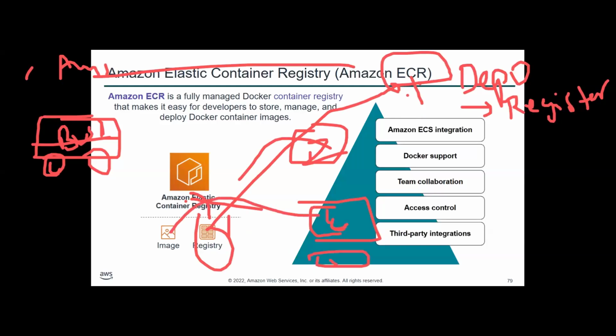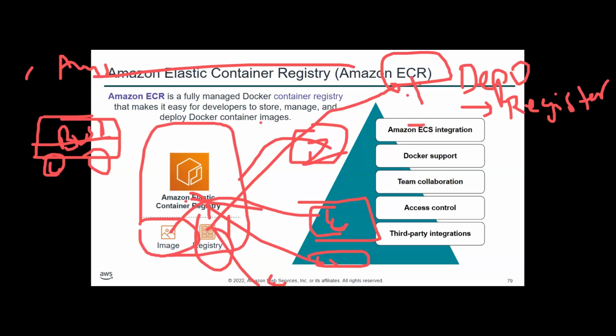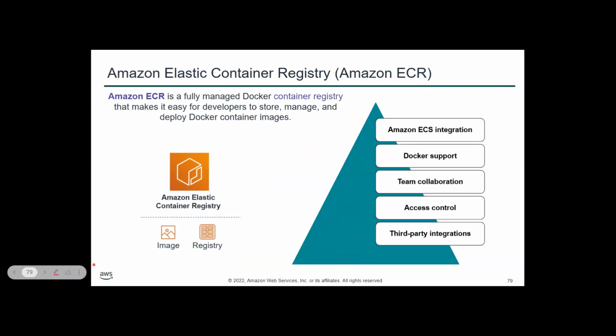So if you want to share with multiple containers, the main copy should be in the image registry. The image registry will give you full control, where it will store, manage and deploy all the container images. It is similar to your GitHub.